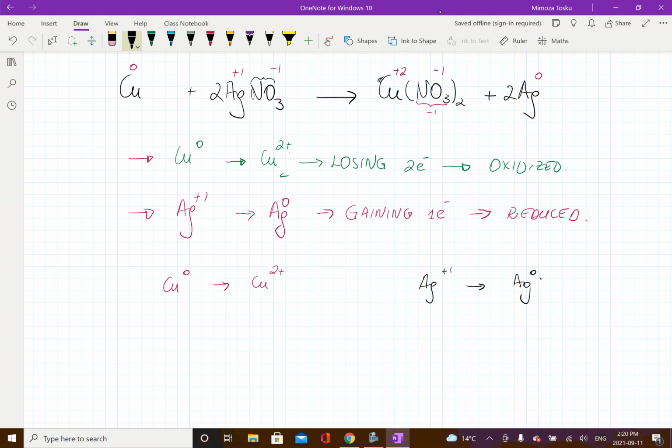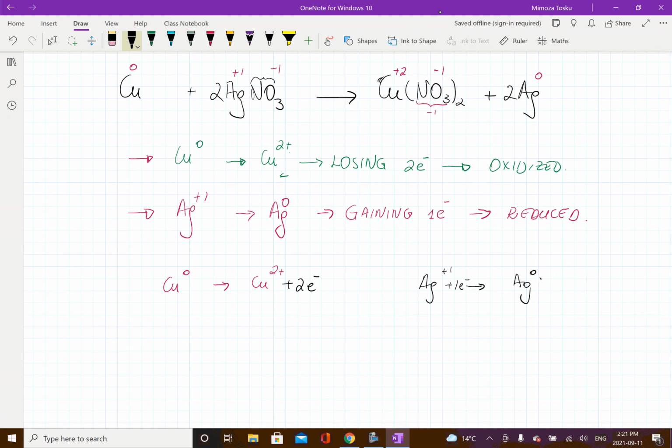In order to become 2 plus, copper is giving the electrons away, so those will go to the product side. And when silver goes from 1 plus to neutral, it is grabbing 1 electron, so plus 1 electron.